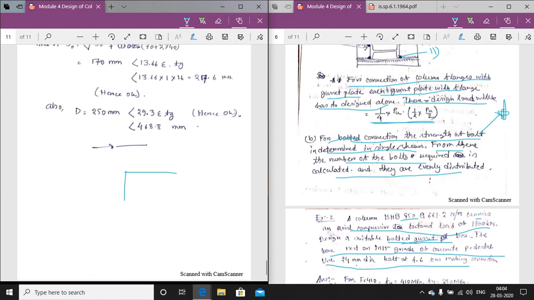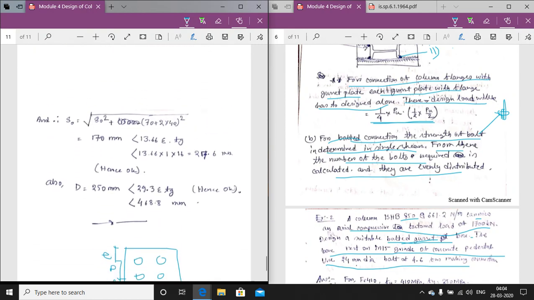For the gusset plate connection, there are 1, 2, 3, 4 bolts, and 1, 2, 3, 4 here. This is E, this is P, this is E, here also P, E, E.